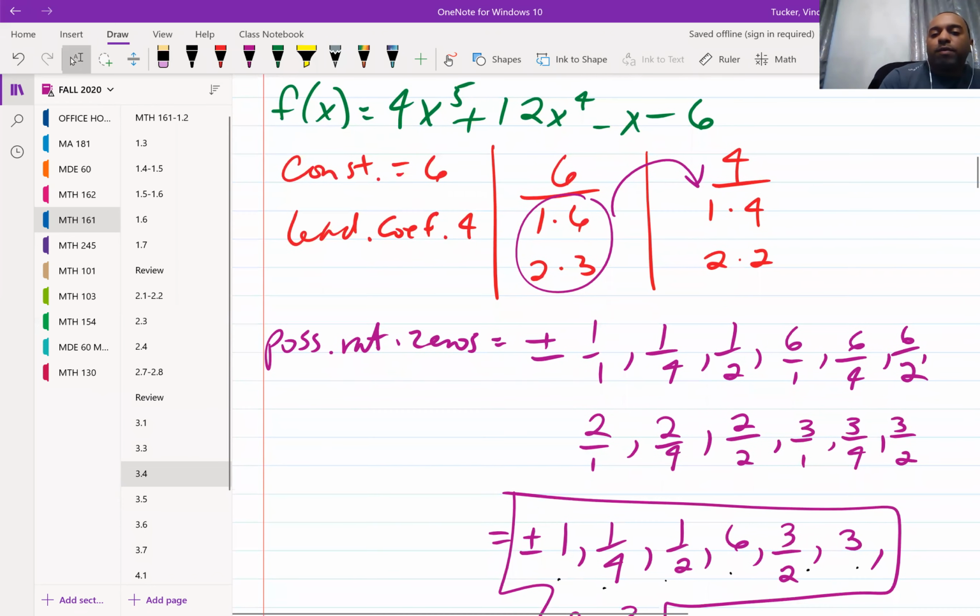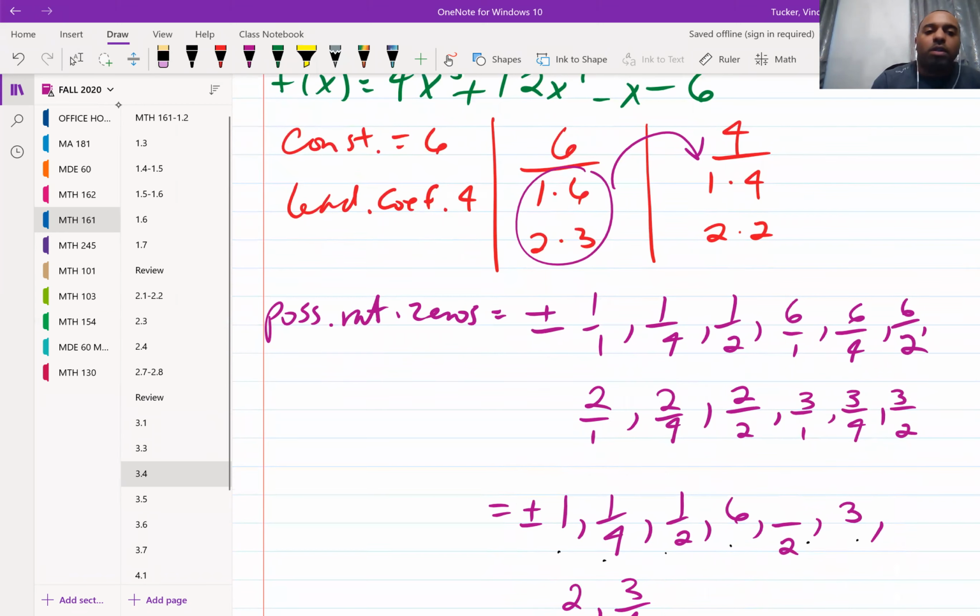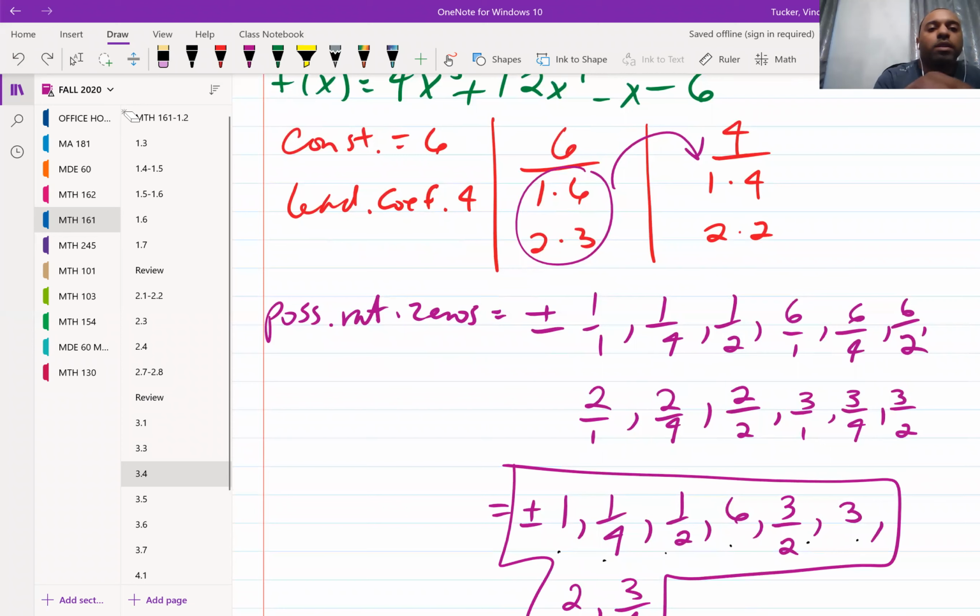Now you do want to simplify your list. 1 over 1 is 1. 1 over 4 is fine. 1 over 2. 6 over 4 reduces to 3 over 2, and 6 over 2 reduces to 3. Then we have 2.